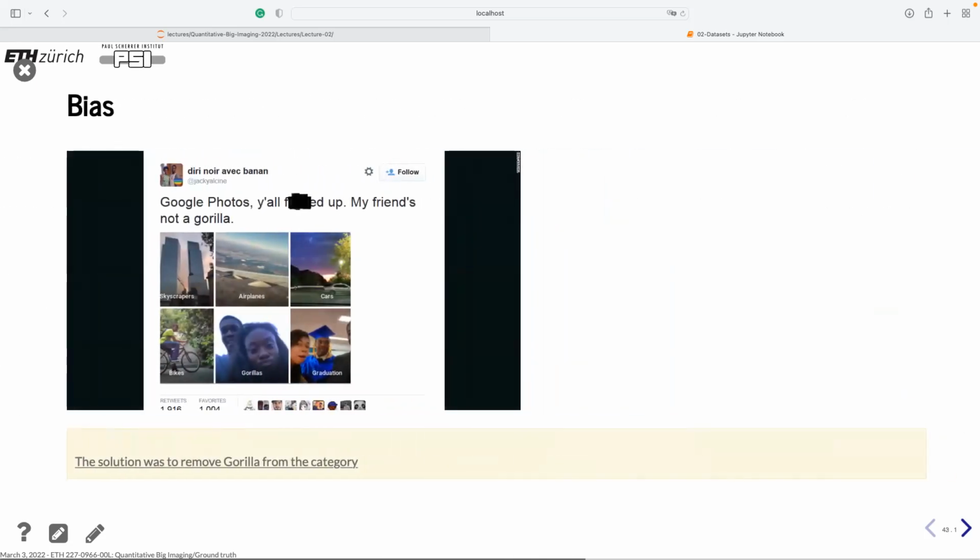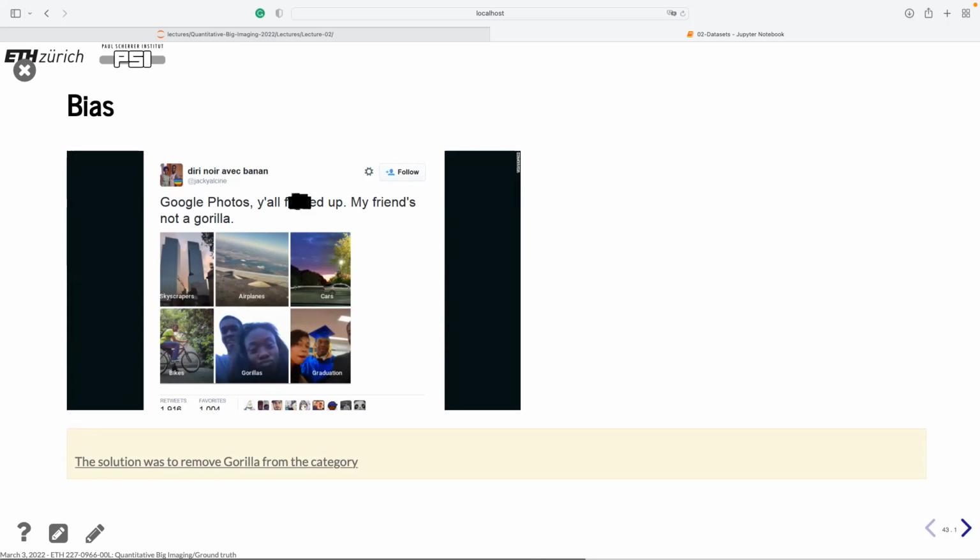And one problem is bias. And this was, I think, Google. Some of you probably already saw it. Google has a lot of picture labeling methods, and here they had pictures of skyscrapers, airplanes, cars, bikes, gorillas, and graduations. And in this case, it wasn't gorillas, and someone got really upset.